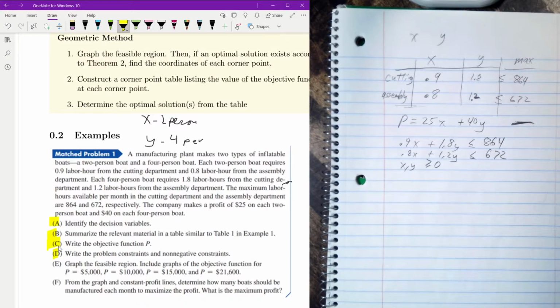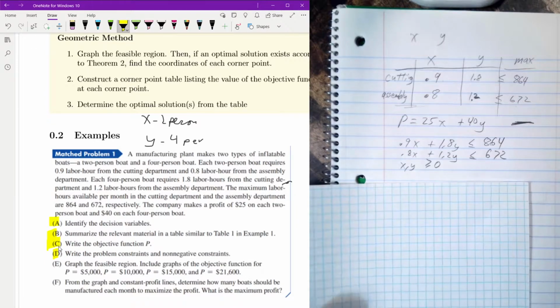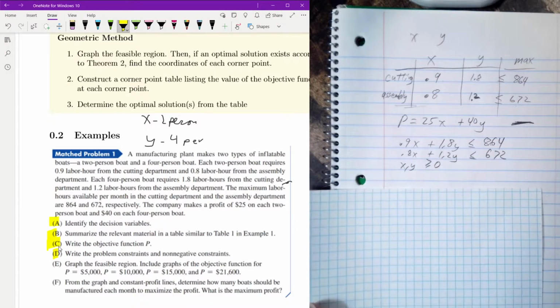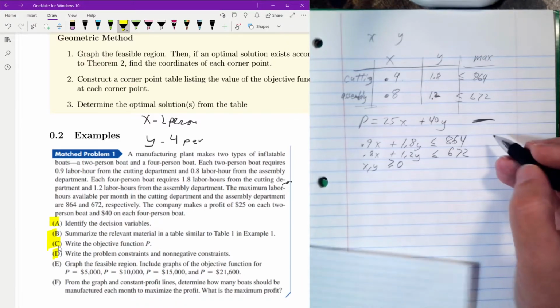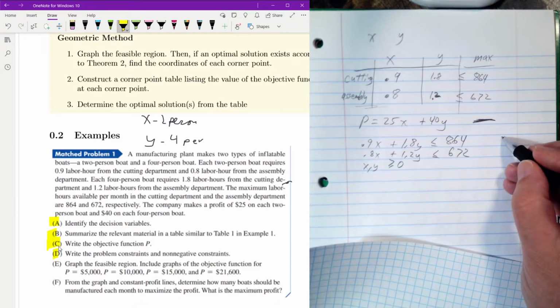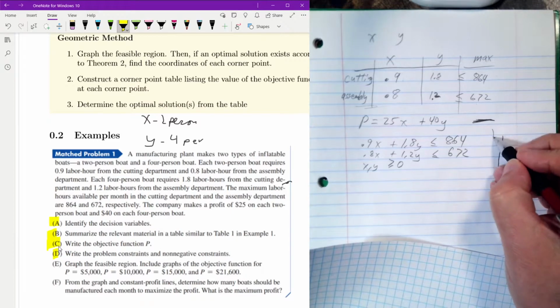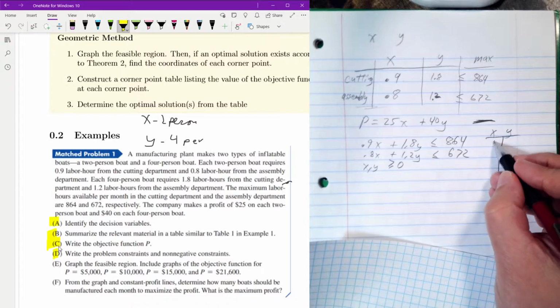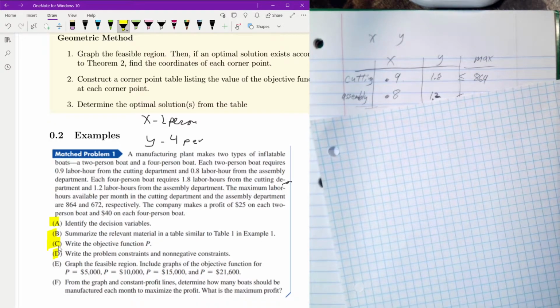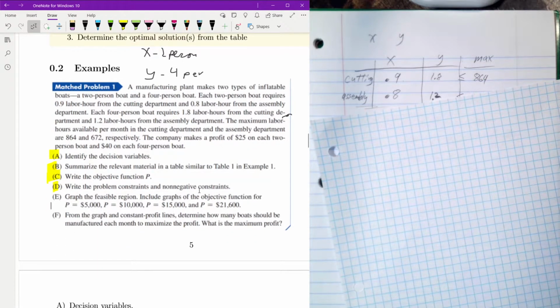Then we want to graph our feasible region. Sorry. Let's go ahead and do that. Let's build our little table here. X, Y, standard method. Put in a 0. I'm going to cheat a little bit. I'm going to look forward.